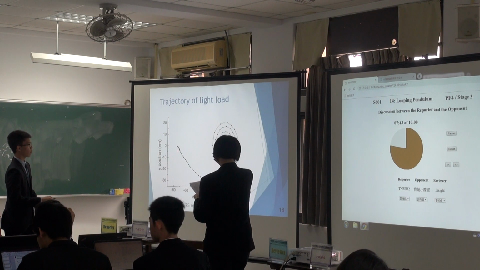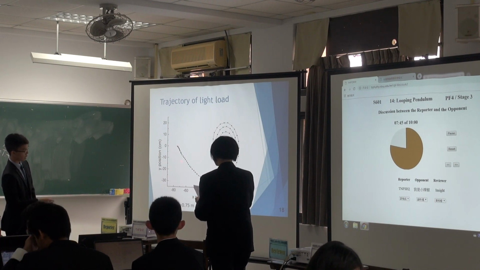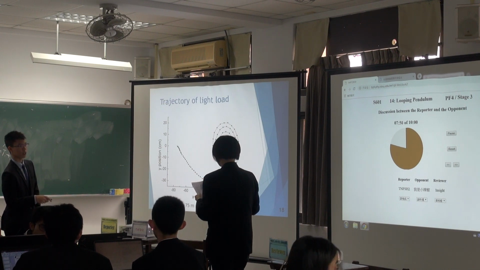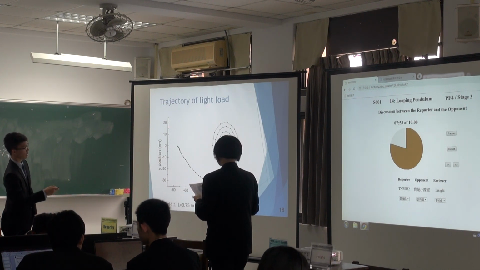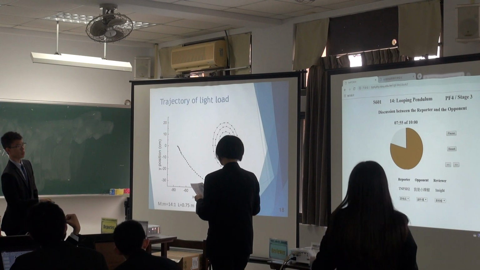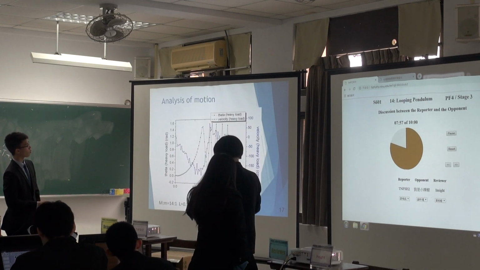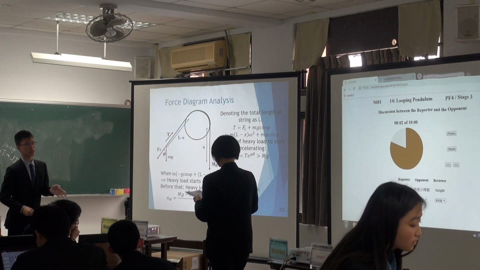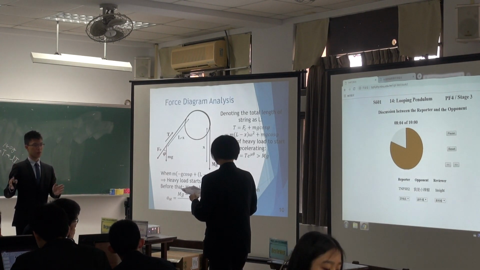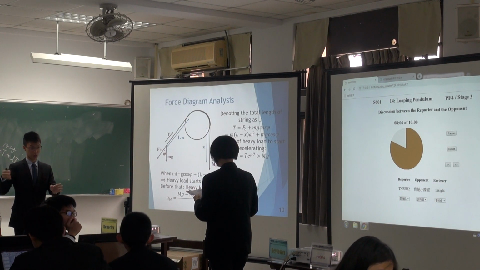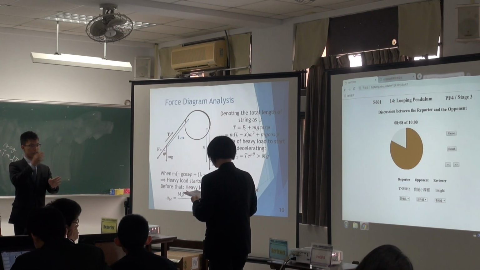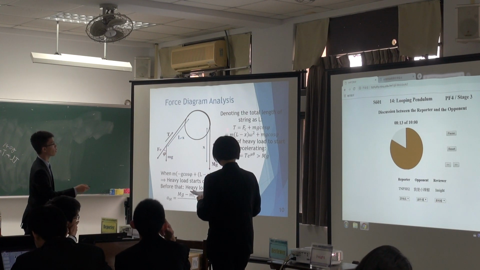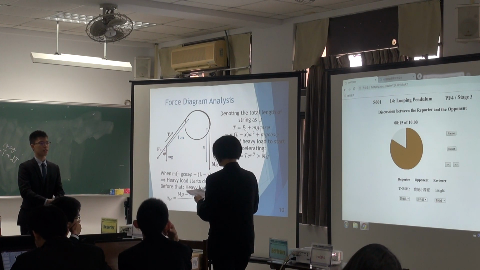Okay, so while we release the light load here, it rotates around the rod, right? Yes, so there is a centripetal force. Yes, while you're rotating it around something, there's a force pulling it. The next part is why we deduced the Capstan equation: we don't have to let the centripetal force, or even it associated with the gravitational force, be equal to the gravitational force from the heavy load, because there is also friction in this phenomenon.